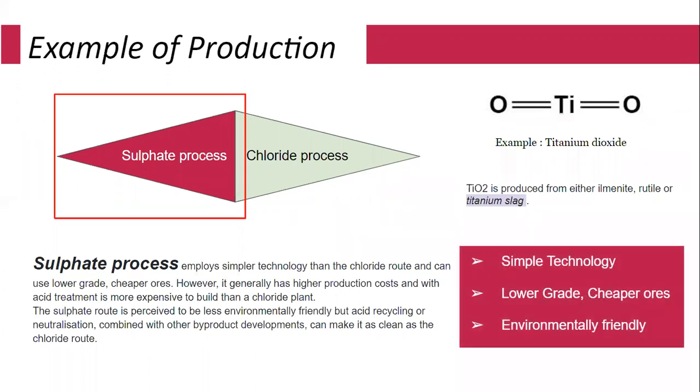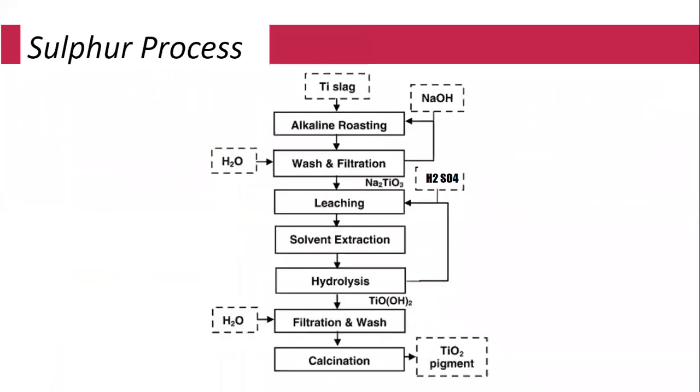So the benefit of using the sulfate process is that it is a simple technology and can use a lower grade and cheaper ore to get our pigments. So this is the sulfate process to make titanium dioxide, which is our example just now.